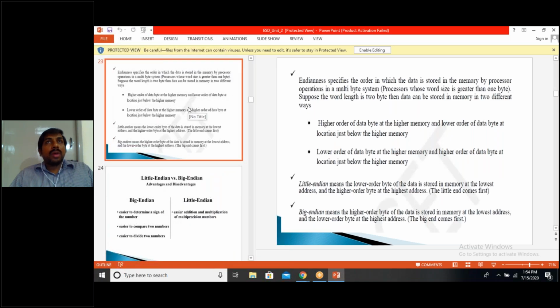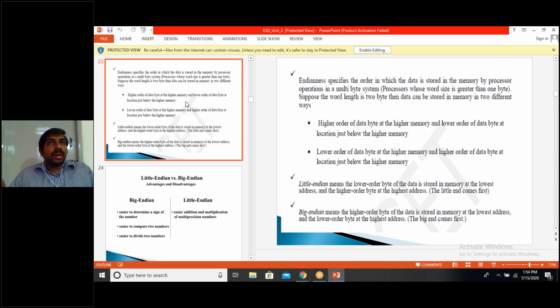So again, your processors are defined in terms of architecture, or in terms of instruction set, or they are defined in terms of Endianness. What is Endianness? It is how memory contents are stored into the memory, because if you are fetching an instruction, it has a higher byte and lower byte.